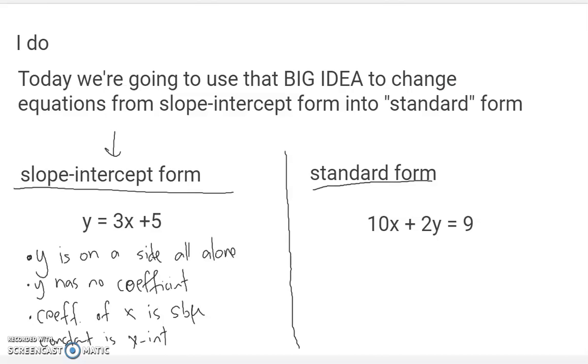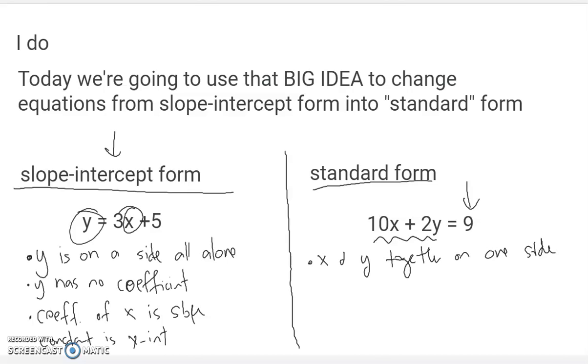Standard form looks like this. This is a different equation. It's not equivalent to this one. Some differences are, you'll notice the x and the y are on one side together, and the constant's on the other side by itself. So it's a different way to set up a linear equation, and that's it. So some features of it, like I said, x and y are together on one side. In slope-intercept form, they're not. Y is on one side, x is on the other. Constant is alone on the other side.